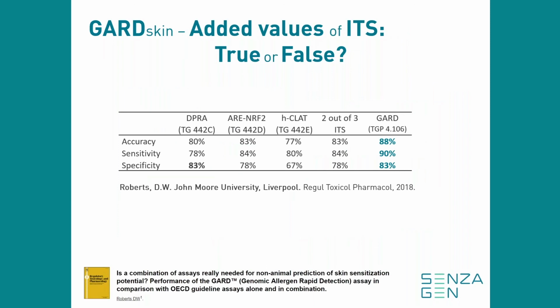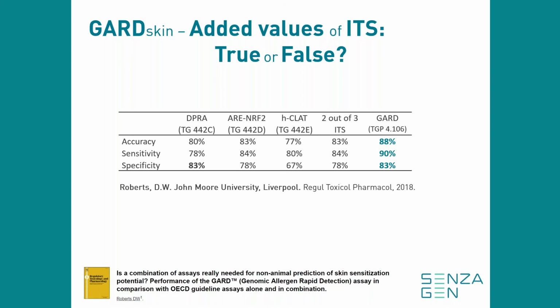Another thing that is of course important to see is how the GARD assay performs in comparison to other in vitro assays, and of course to the OECD validated approaches and the currently suggested 2 out of 3 integrated testing strategy. The data I show here is a comparison that David Roberts from John Moore University in Liverpool did.